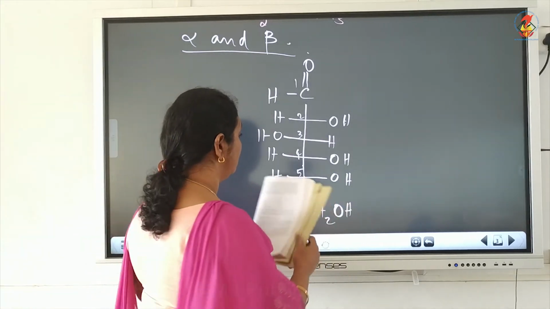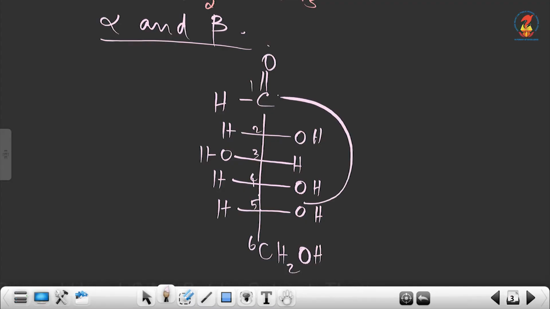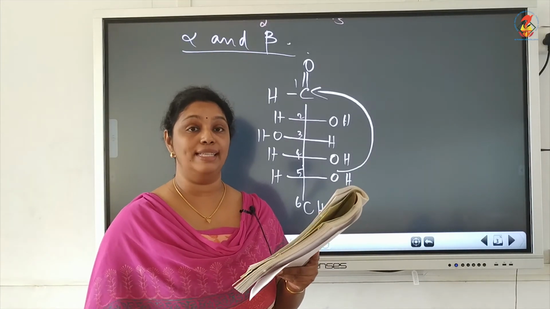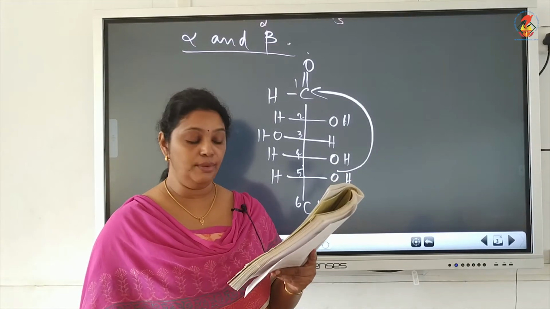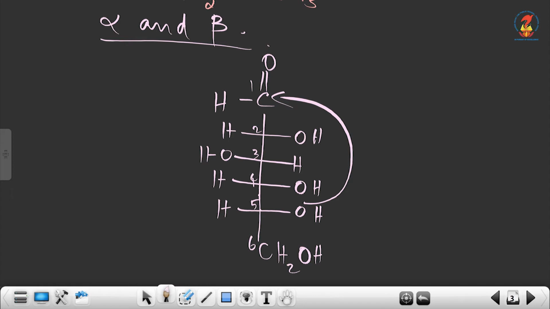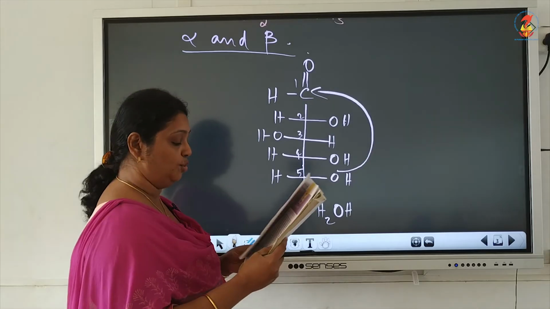So what happens, this OH group at carbon number 5 will add to the CHO group and it forms a six-membered cyclic hemiacetal structure. Okay, so I am going to show the addition of the OH group at carbon number 5 to the CHO group.